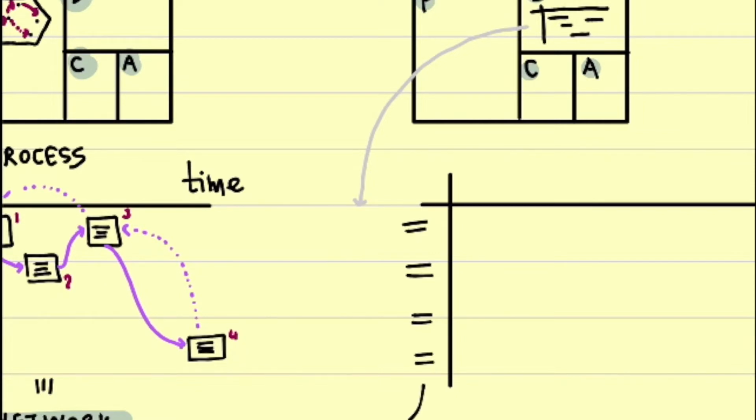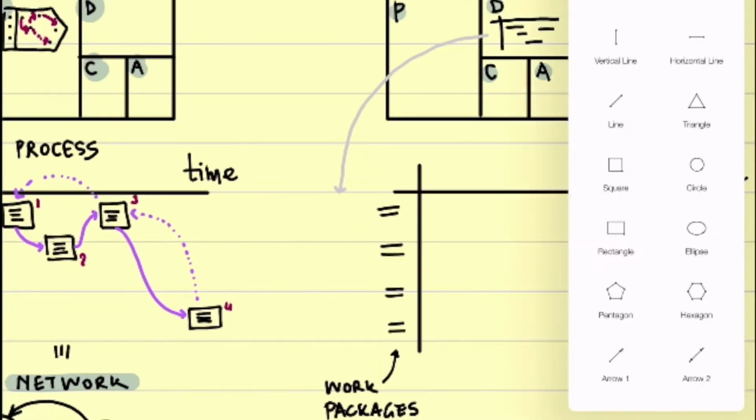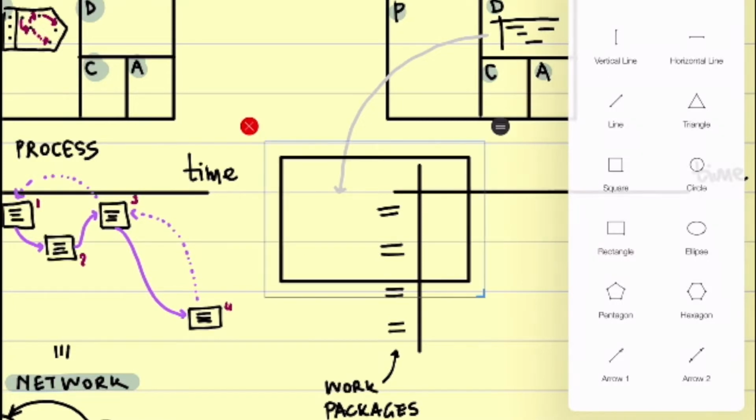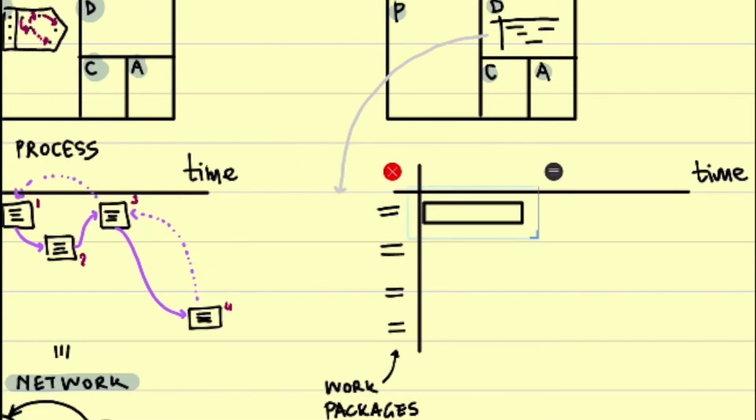So here we have the work packages, so the activities that people are going to be performing, and then we also have the time that it takes to perform them.